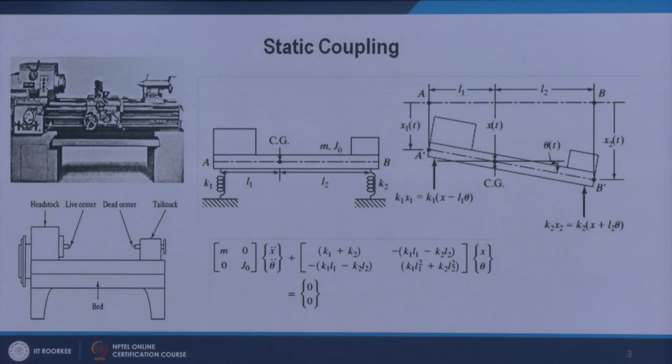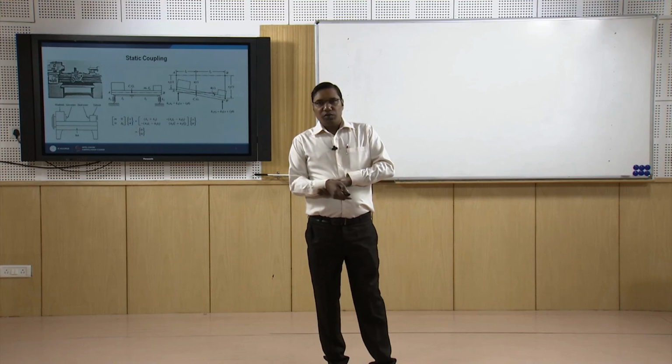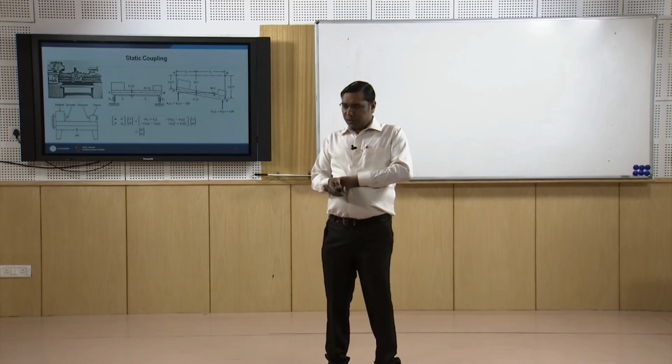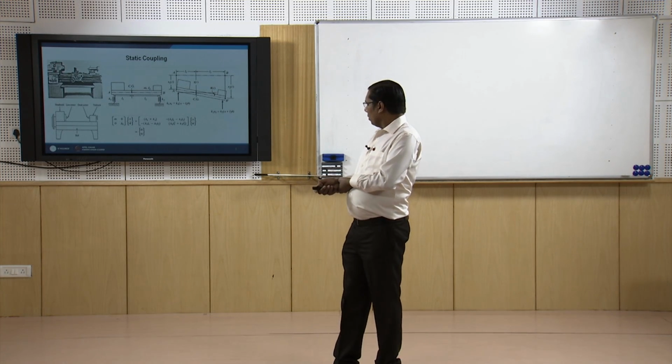We can take another set of degrees of freedom, that is x1(t) and x2(t). So these are another set of degrees of freedom that can represent the system's configuration at any instant.